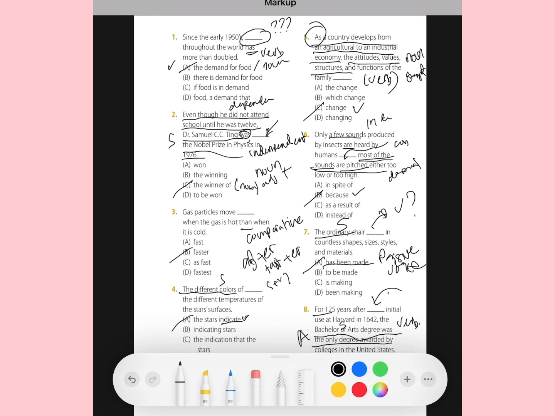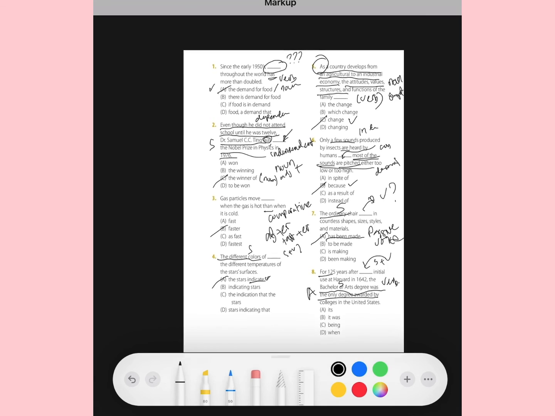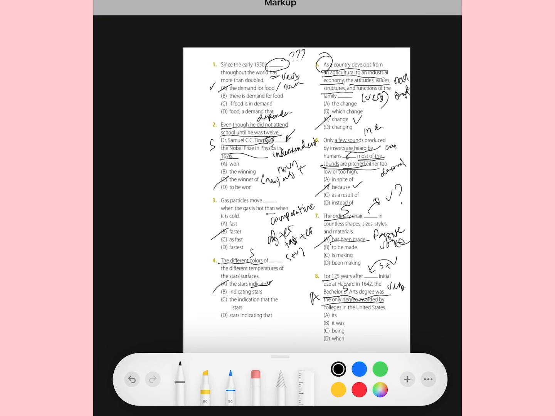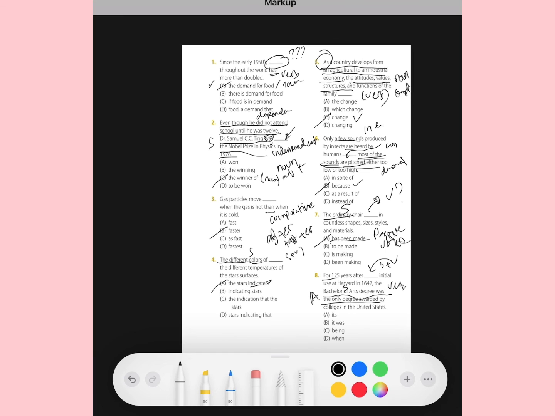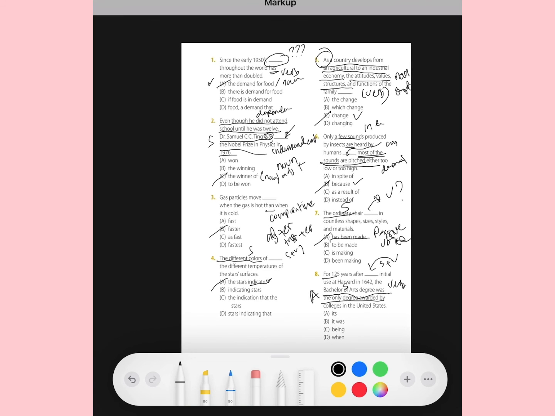Well, it could be subject and verb, but in the multiple choice, we only have B, which has subject and verb. But the thing is, when you put those words into the blank space, like after it was initial, it doesn't match at all. Okay?